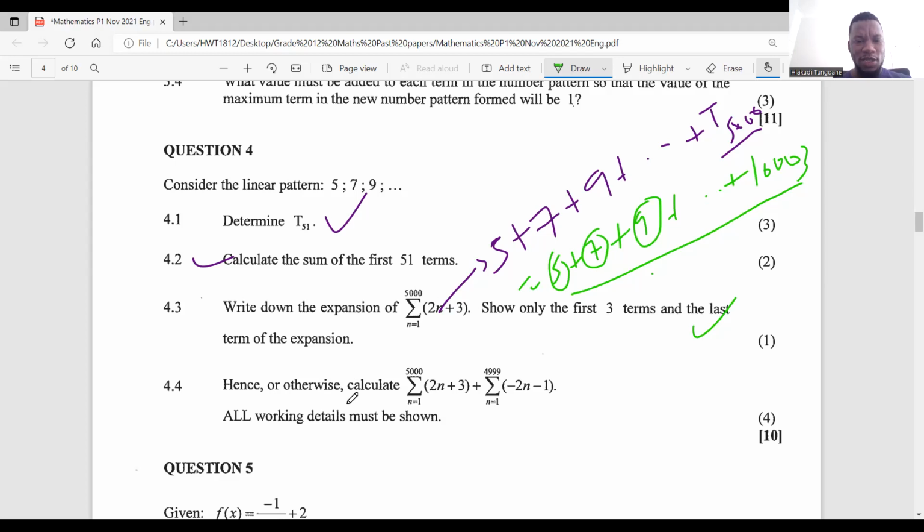So yeah, then we have the last question. They say hence or otherwise calculate this guy. Okay, I'm just going to open a whiteboard to try to solve this because I'm not going to have room.